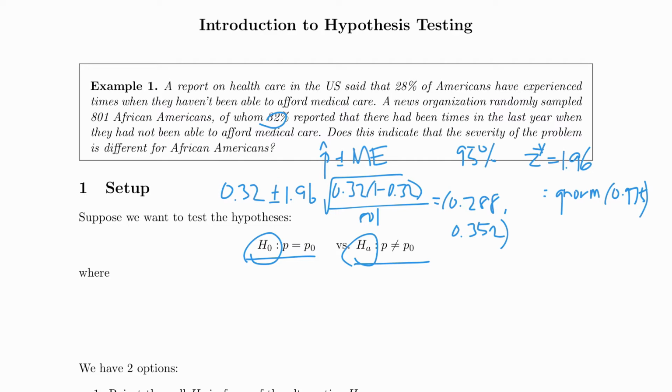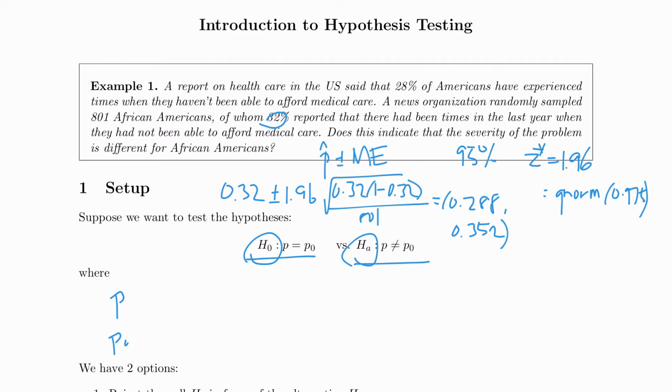So in this case, we are looking to see whether or not P is not equal to 0.28 for African Americans. So just to be really specific here, we have P, which is the population proportion, and then we have P0, or P naught, which is the hypothesized value for the population proportion under the null hypothesis.